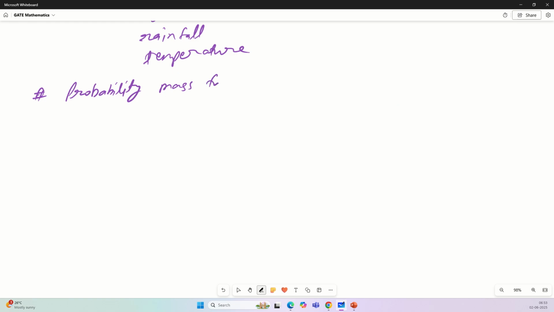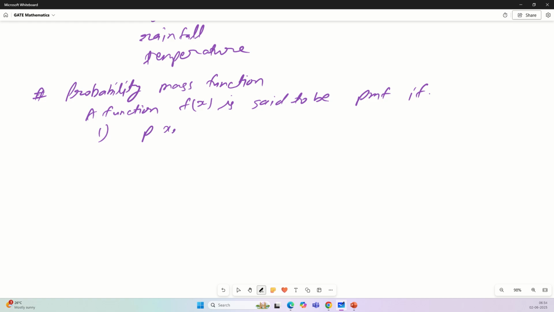Let us say a function f of x or p of x is said to be PMF, probability mass function, if number 1, my probability of x i is greater than or equal to 0.